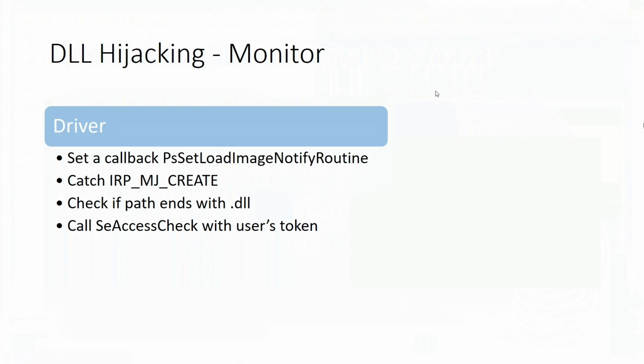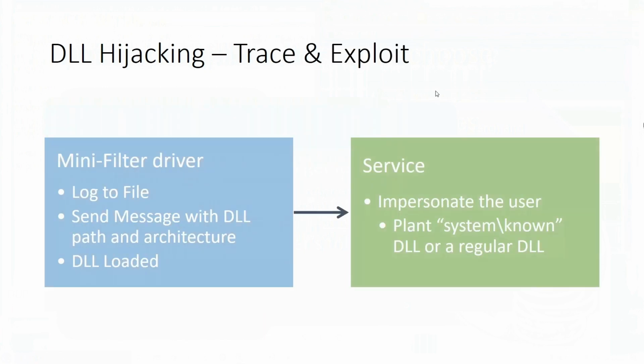Lastly, we continue in the same way by checking if we can write the new DLL into the destination path. Now, we only need here to be able to write to the path. We don't care if we cannot delete the files in there. Going back to the service, the driver sends a message to the service with the DLL path and its architecture. You cannot hijack 32-bit processes with a 64-bit DLL and vice versa.